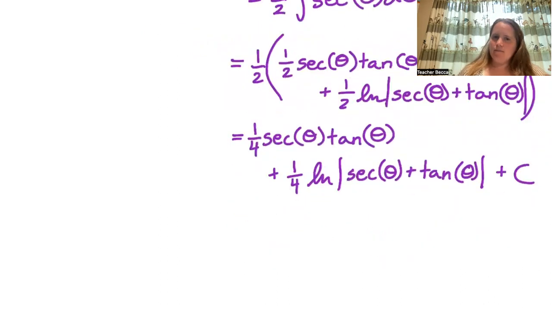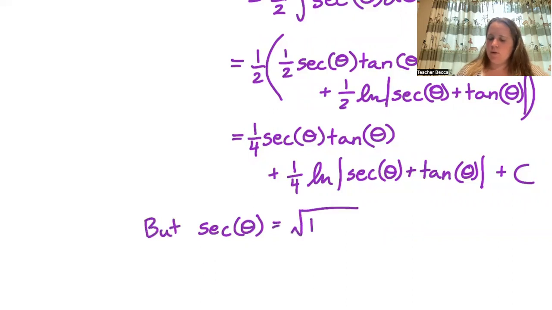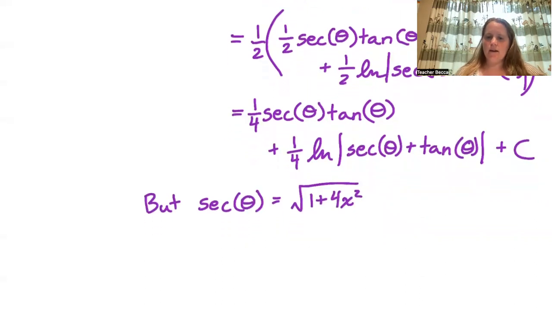Plugging back in, secant of theta was the square root of 1 plus 4x squared. And tangent of theta was simply 2x.